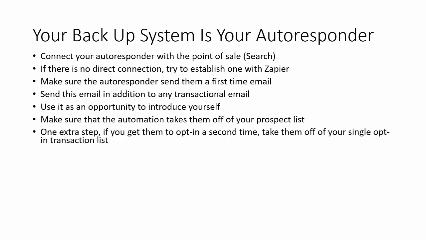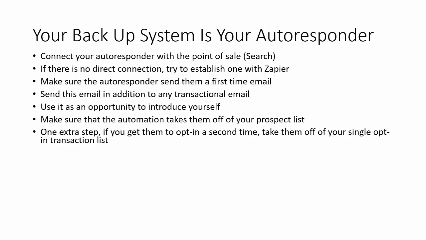Also, here's an extra step that I think you want to take. If you can get them to opt in a second time, make sure that second opt-in triggers an automation sequence that takes them off the single opt-in transaction list. I want to say that again because it's an extra step, and I think if you can do it, you should do it.